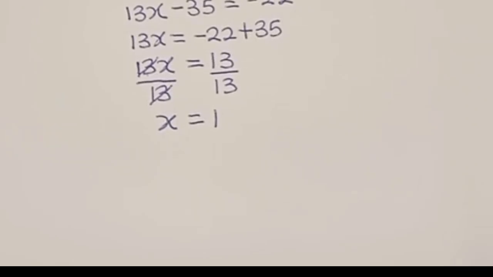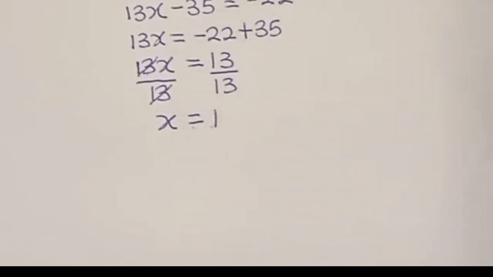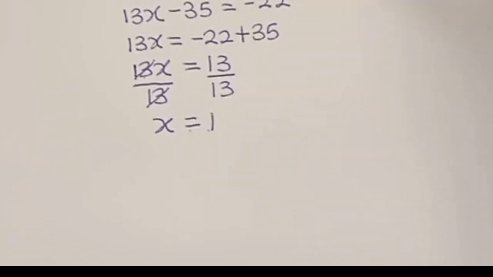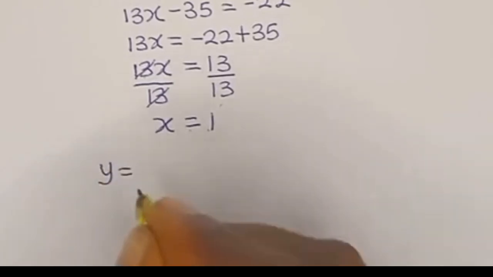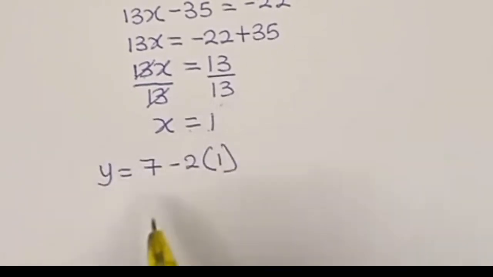To get the value of y, we simply substitute x equal to 1 into equation 1 or equation 2 or equation 3. But substituting it into equation 3 will be simpler for us because y is already on the left. So all we need to do is remove x and put 1 in its place. So this will be y is equal to 7 minus 2 into 1. 2 multiplied by 1 is going to give us 2.